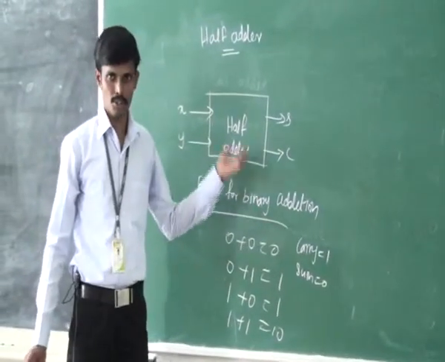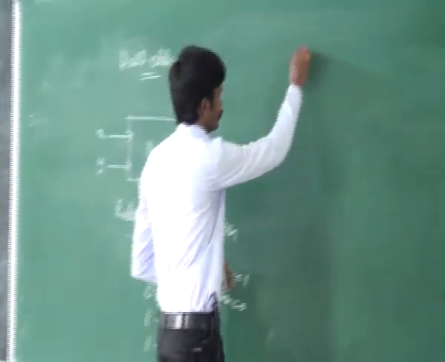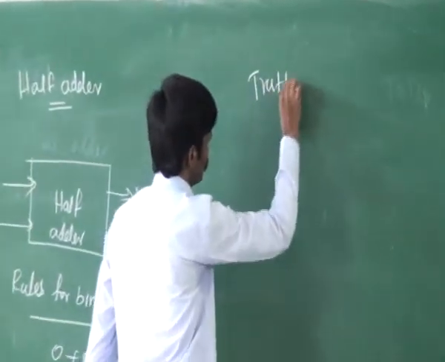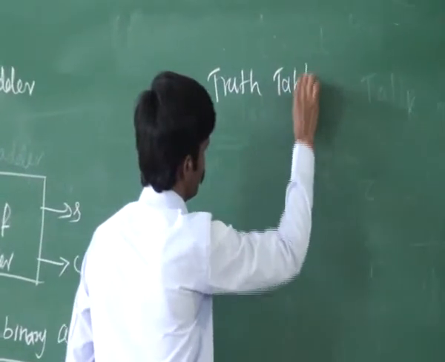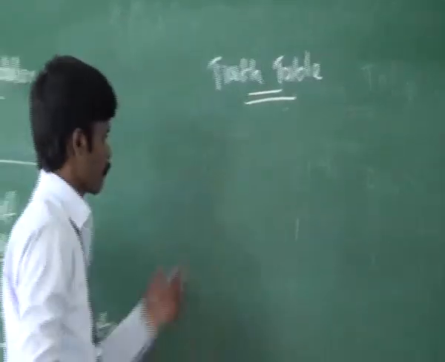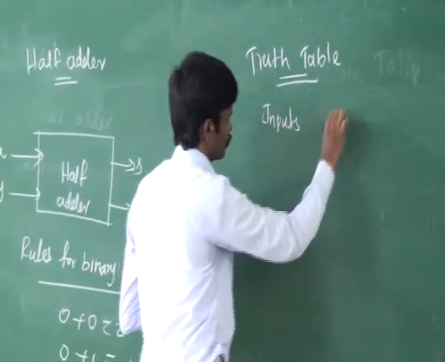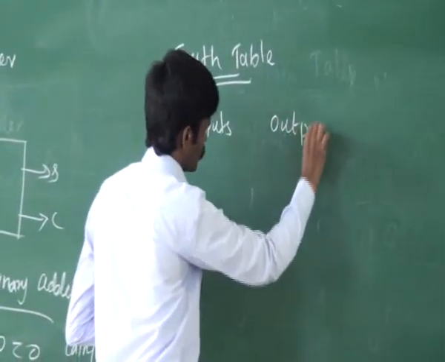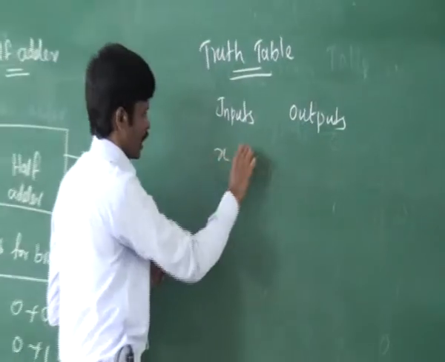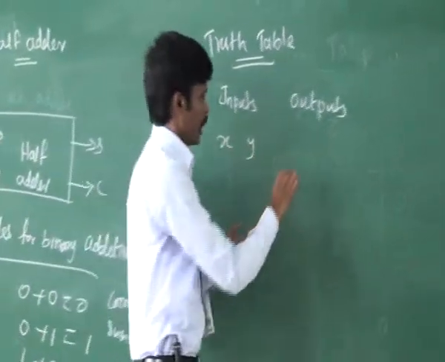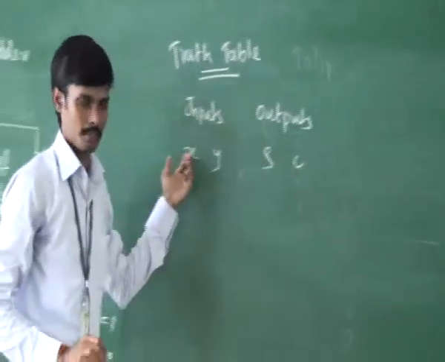Now let us see the truth table for half adder. Here we have two inputs and two outputs. Let us take x and y as the inputs and s and c as the outputs.